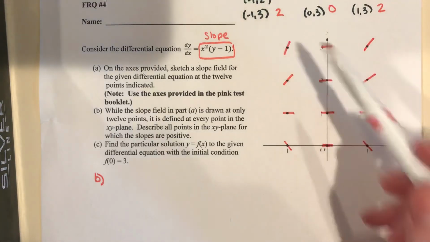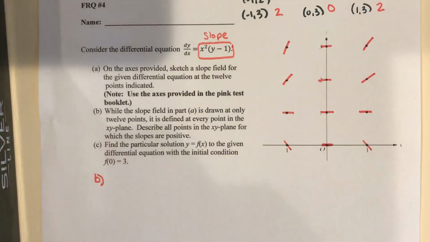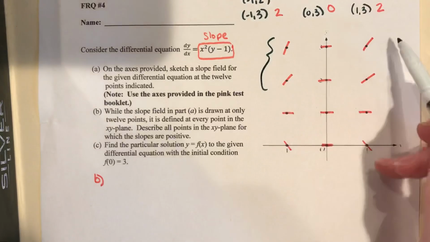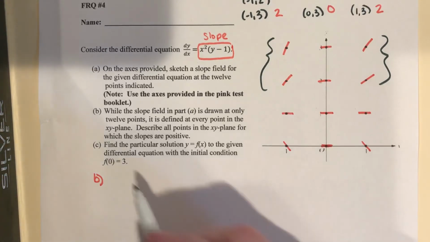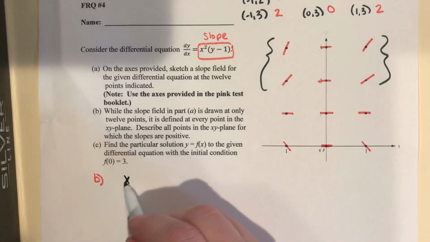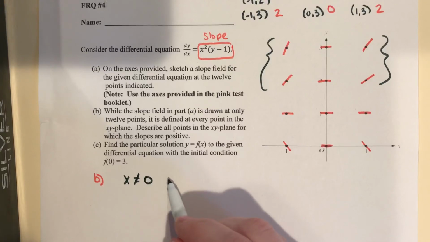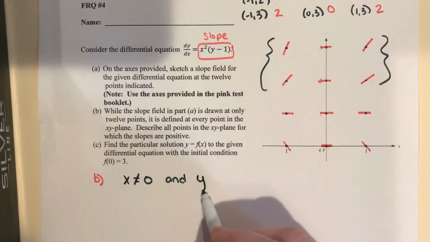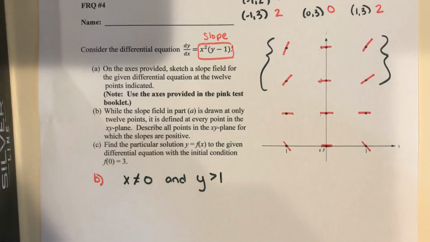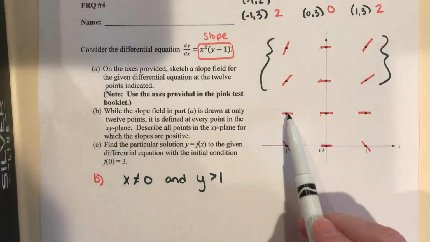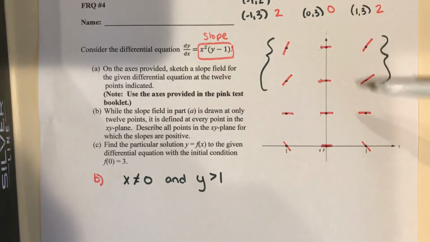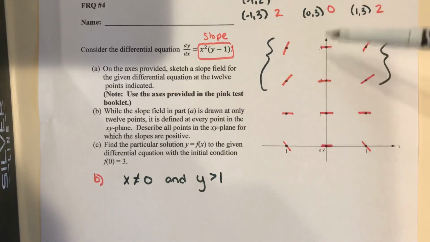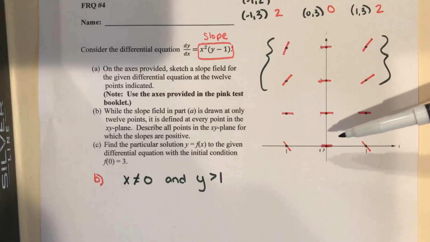So positive slopes would be occurring in this section and this section. If I had to describe that, slopes would be positive anywhere x is not equal to 0 and y is greater than 1, right? Because at 1 we have a 0 slope, and on the y-axis too, but above that our slopes end up being positive, but not at the y-axis.